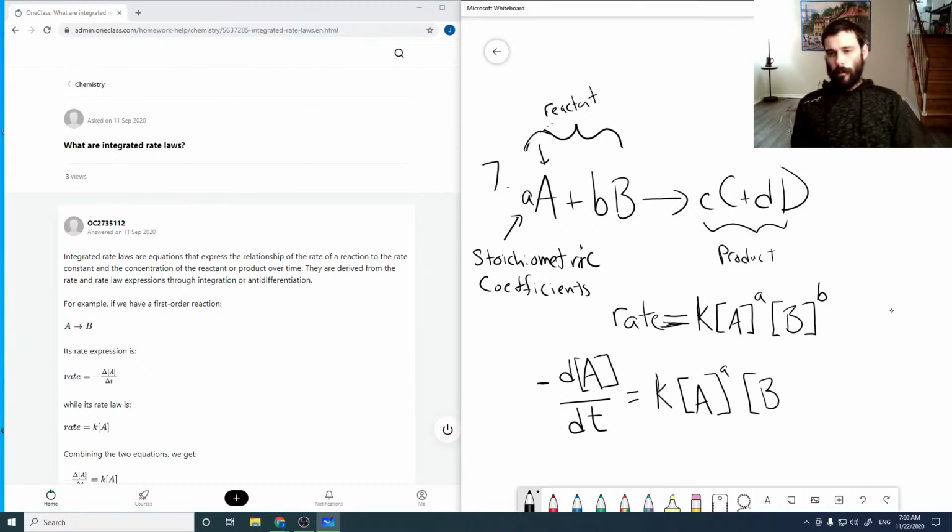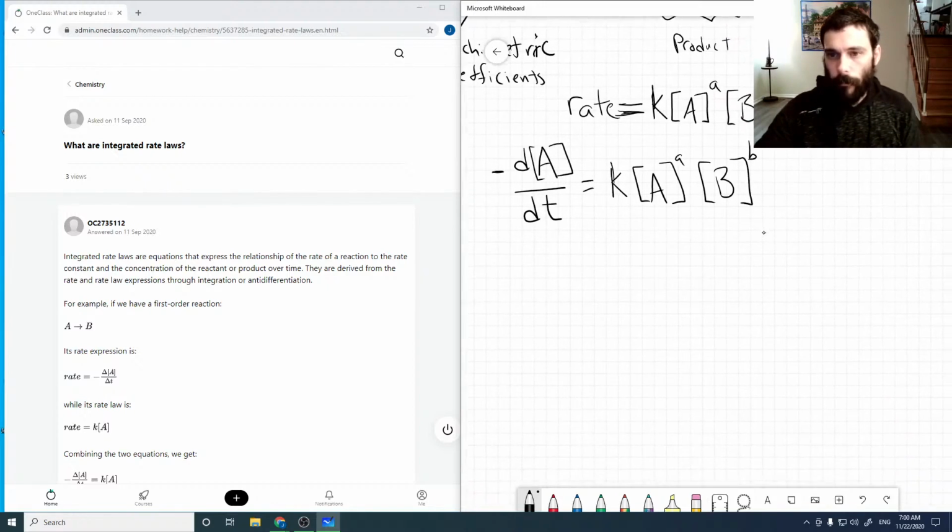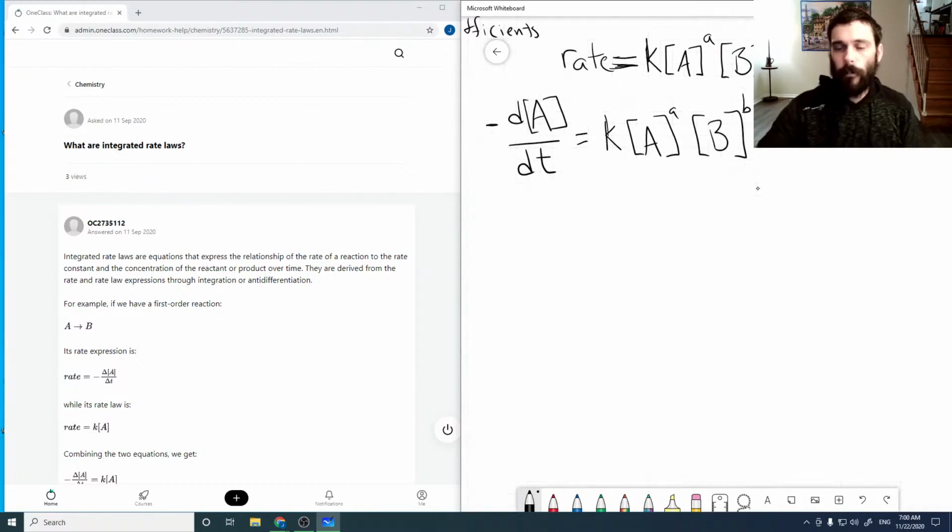And so the integrated rate law could be found by integrating this expression. Now, this particular expression is going to be a little tricky and can't be done really super easily, but can be done in simpler cases.